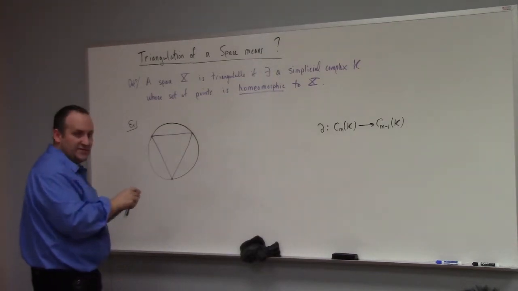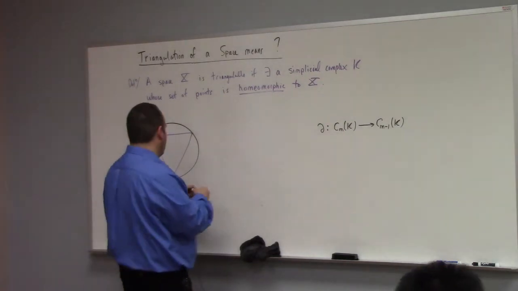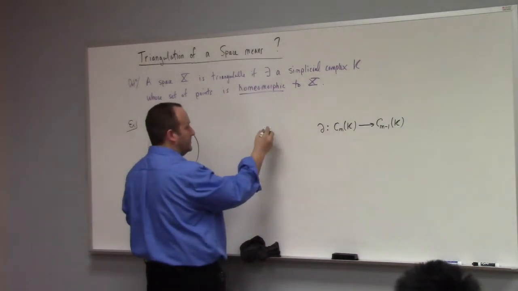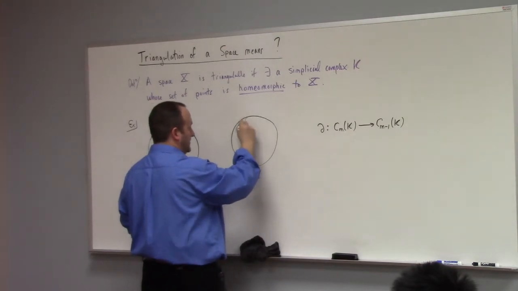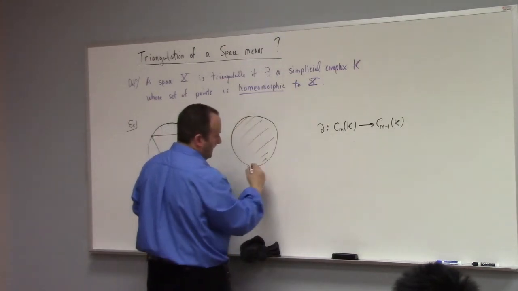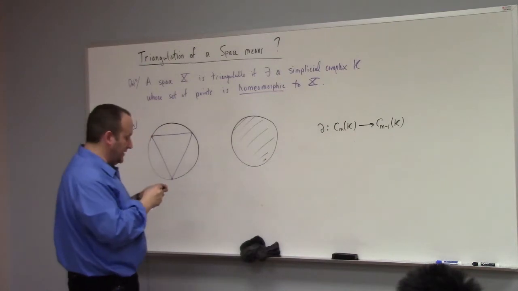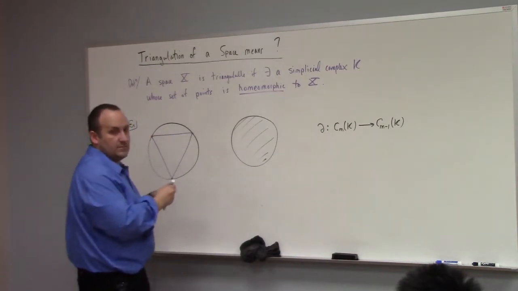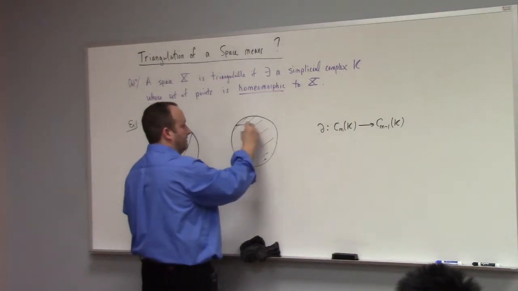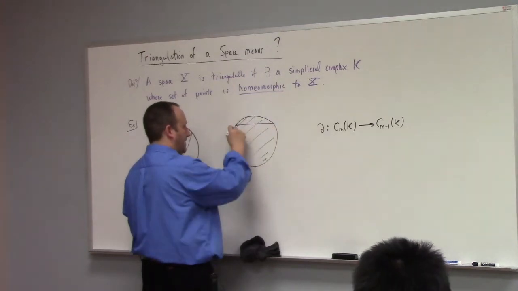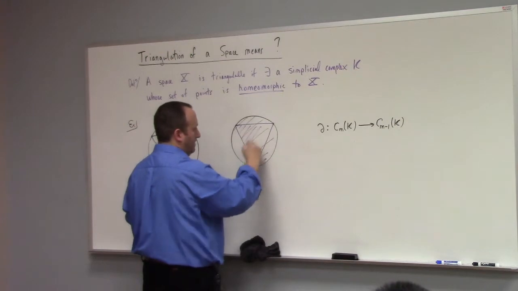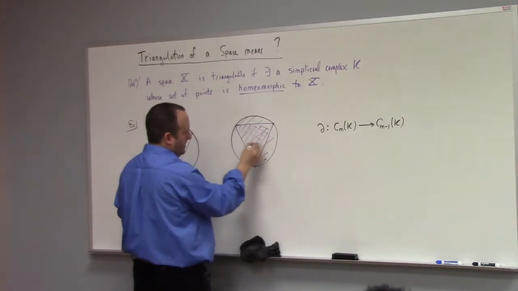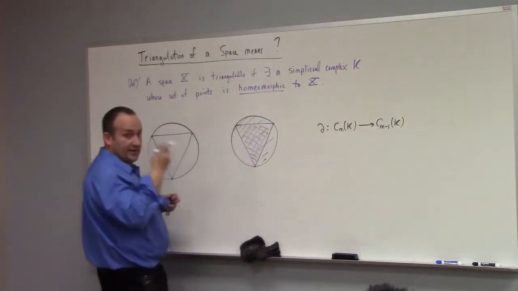Now, here's another example. The disk would be triangulated by not just the triangle, but the solid triangle, right?